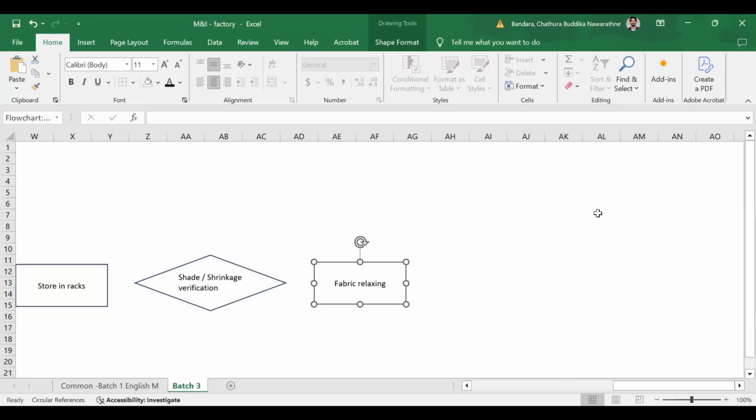After shade and shrinkage verification, one report goes to the cutting department. Then based on that, they will make their requirement. Based on their requirement, we start relaxing the fabric before issuing to the cutting department.